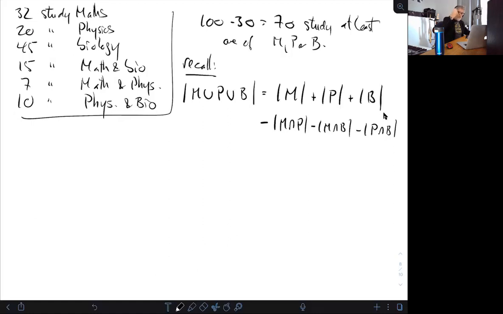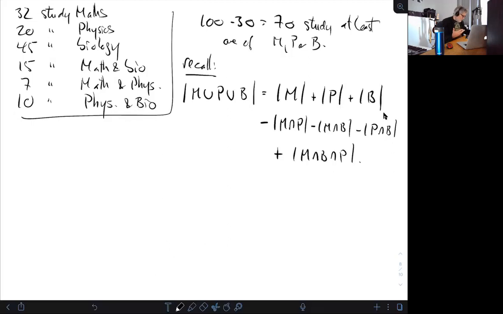So you've counted them 0 times. So you have to add those back in. And that's the correct formula. Okay? So now look at that table. It gives you basically all the information here.